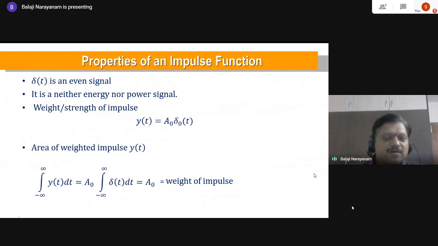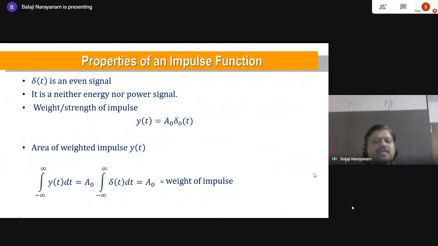If you remember, yesterday we worked out a number of problems on how to find the energy and the power for a given signal. With that property, we can observe that the given impulse function is neither an energy nor a power signal.